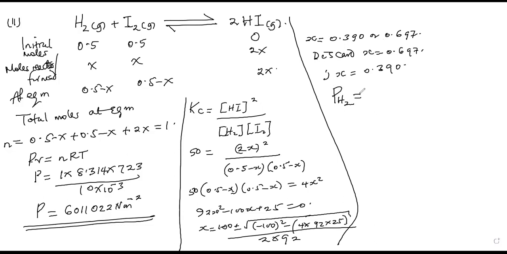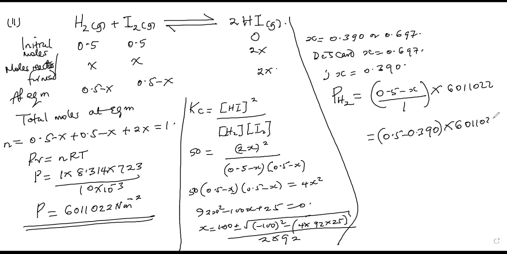Now, if we need the partial pressure of hydrogen, the partial pressure of hydrogen is equal to the number of moles of hydrogen, which is 0.5 minus x, over the total moles at equilibrium, 1, times the total pressure, which is 60,11022. So this is the same as 0.5 minus 0.390 over 1, times 60,11022.